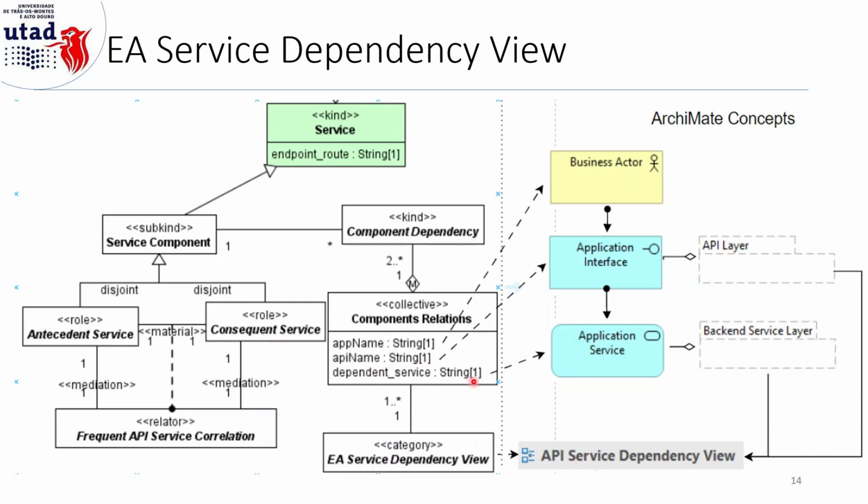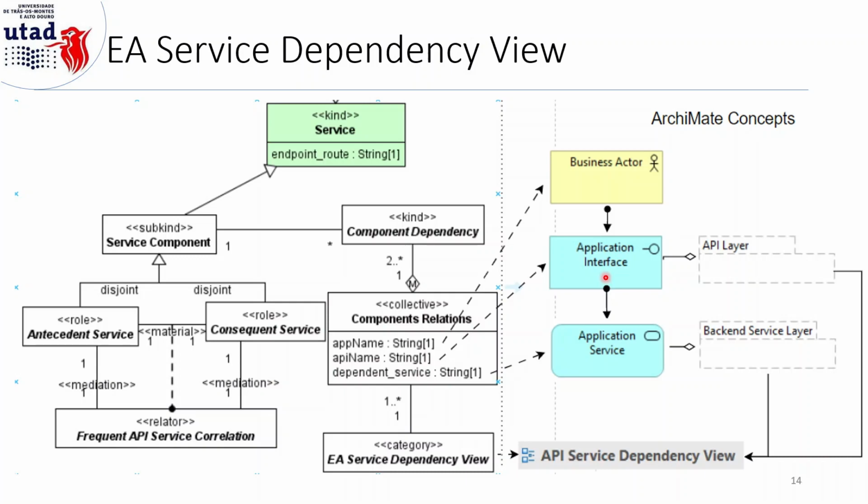From the attribute dependent service is extracted an ArchiMate element application service that is grouped into the backend service layer. The APIs linked to this backend service are mapped to application interfaces grouped into the API layer. The relation between these application services and application interfaces creates an assignment relation in the ArchiMate model.